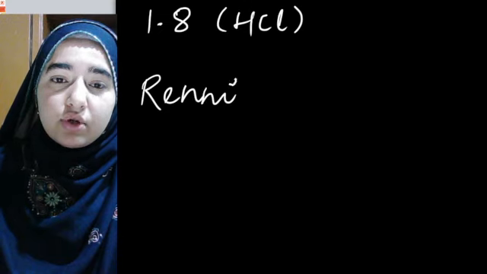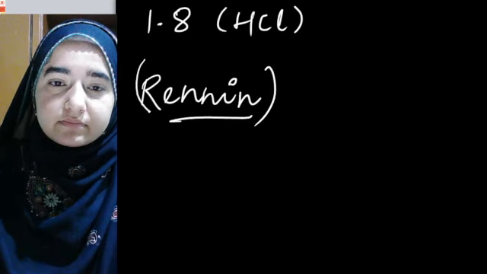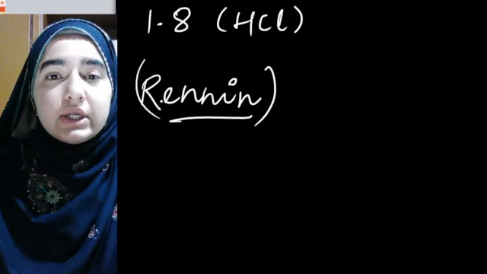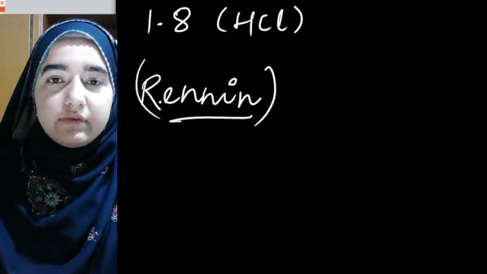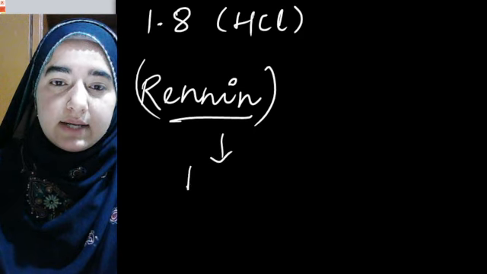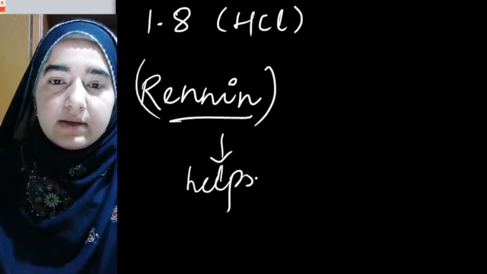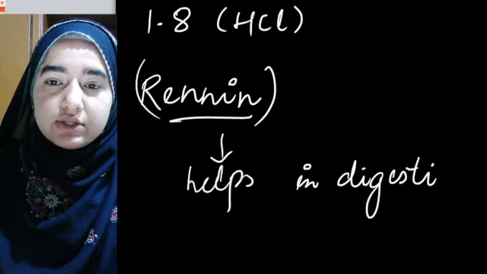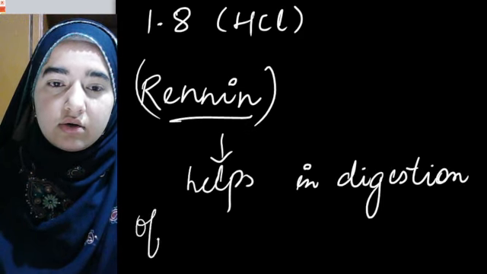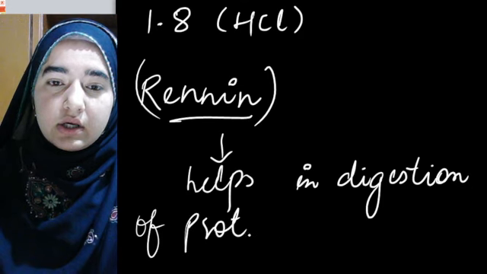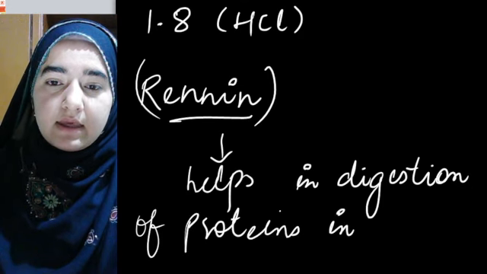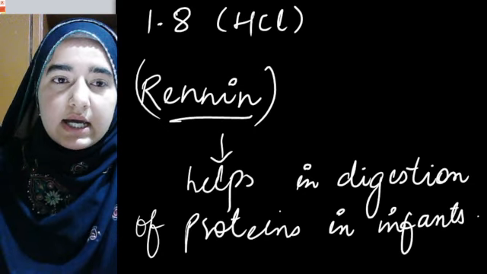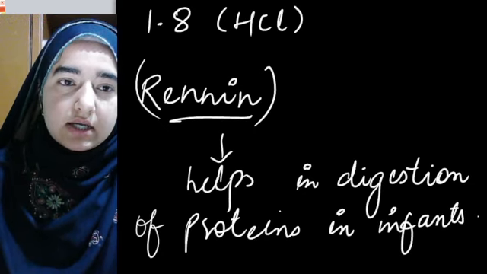Renin is a proteolytic enzyme found in the stomach of infants, which helps in digestion of proteins in infants. I hope this concept is clear.